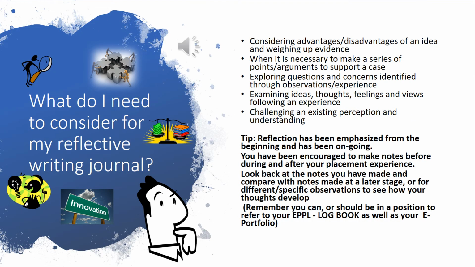Okay, so what I've done here on this slide is put together some images to illustrate the processes that we referred to earlier in the slides when we looked at the model of the process of reflection. And hopefully this will help you to think more purposefully about planning for your reflective academic journal, your second written assignment.